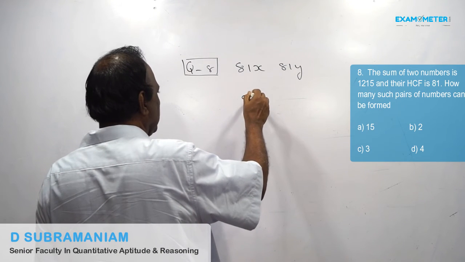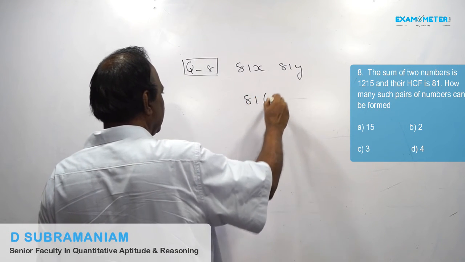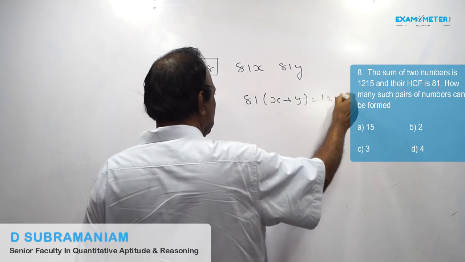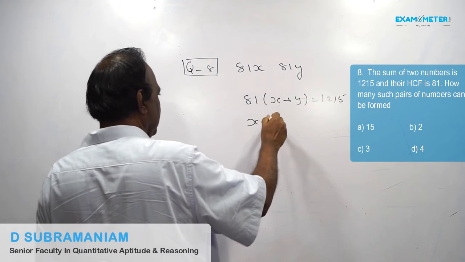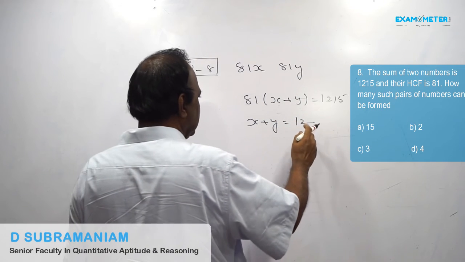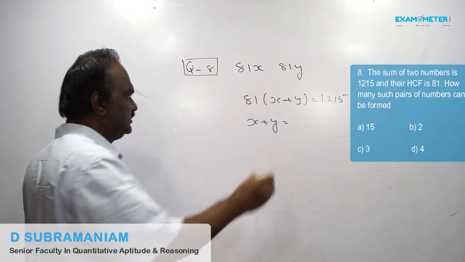Sum. So 81 into x plus y is equal to 1215. So x plus y is equal to 15.